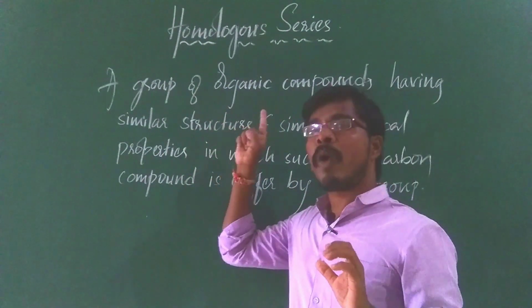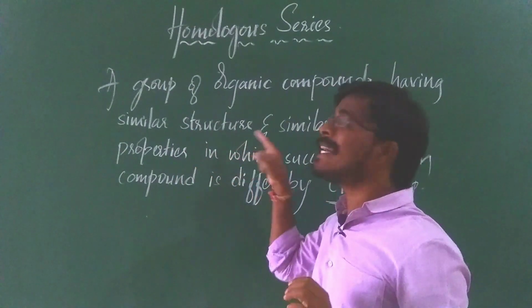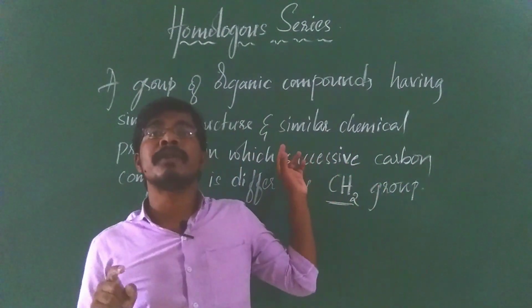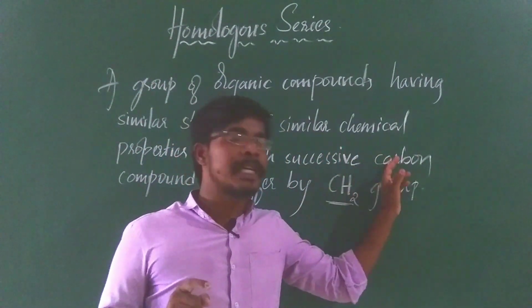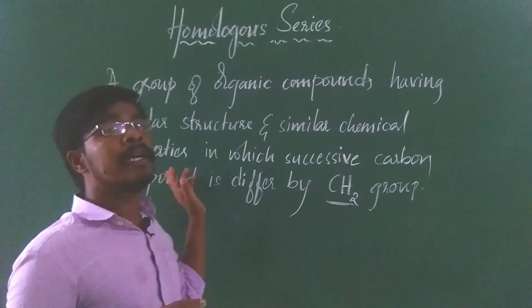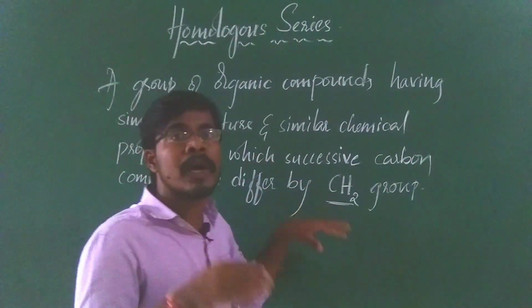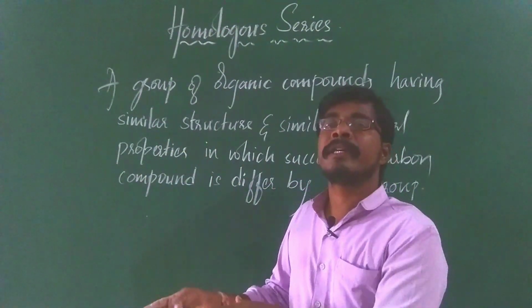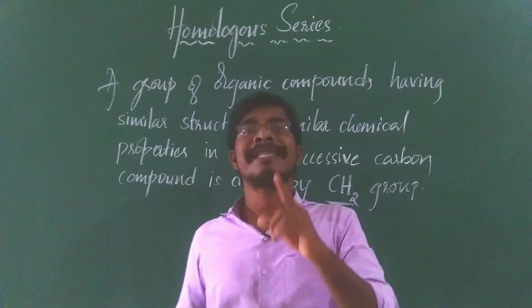A group of organic compounds which have similar structures and the same chemical properties, but when you arrange them in a group, the successive carbon compounds, successive in the sense one after the other, will differ by one CH2 group.